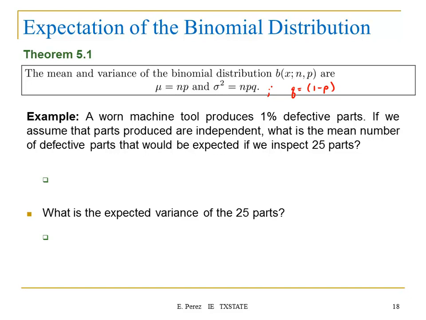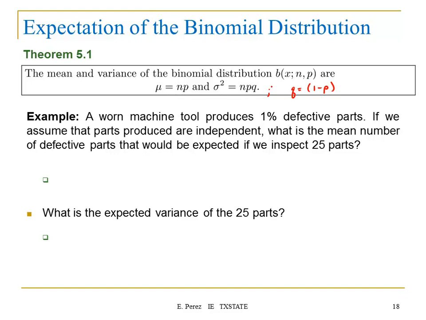So in the example, we have one machine tool that produces 1% defective parts. If we assume that the parts produced are independent, what is the mean number of defective parts that will be expected if we inspect 25 parts? So this is a Bernoulli process. Each trial is independent. We have a probability that is constant.